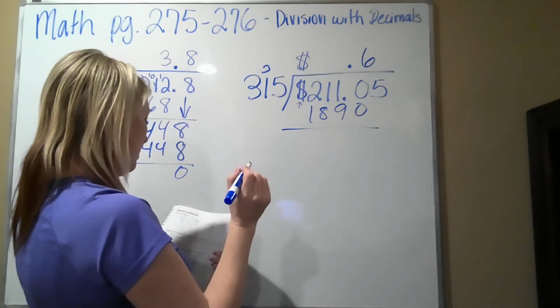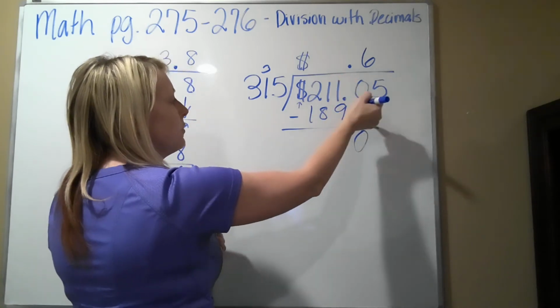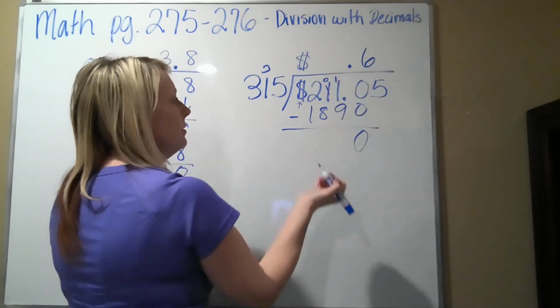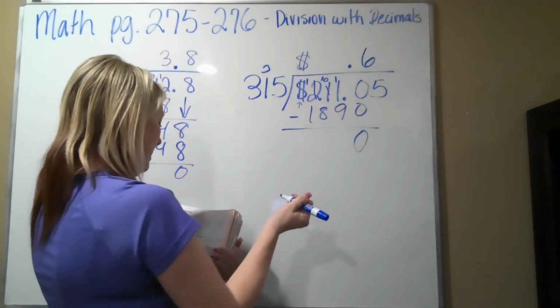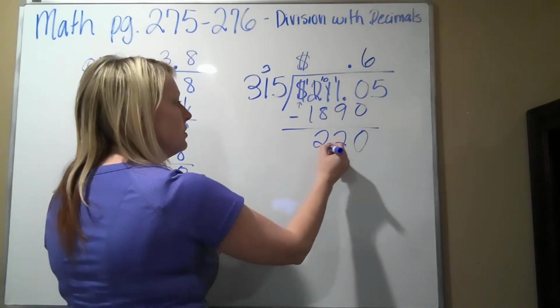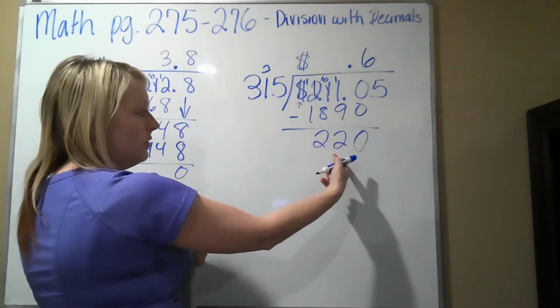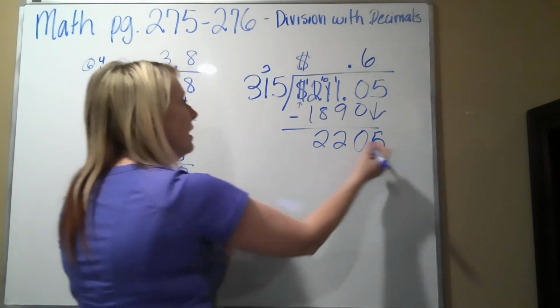We can subtract. Then I'm going to borrow here and borrow here. 11 minus 9 is 2, and 10 minus 8 is 2. Can 315 go into 220? Nope. Bring down my 5.